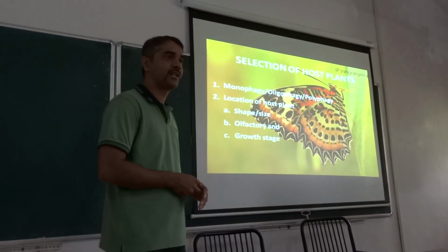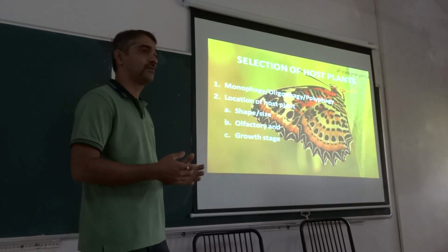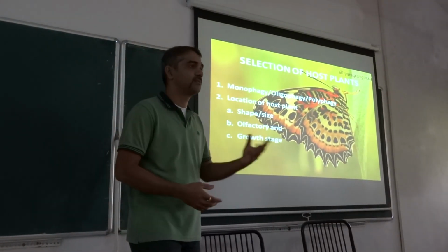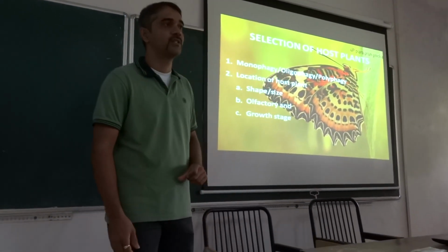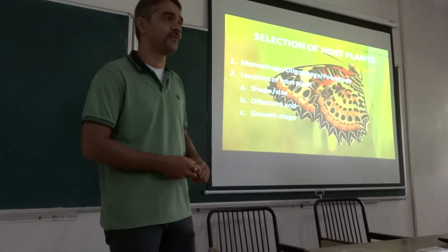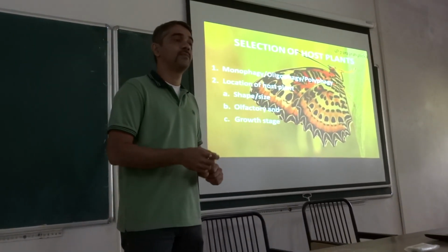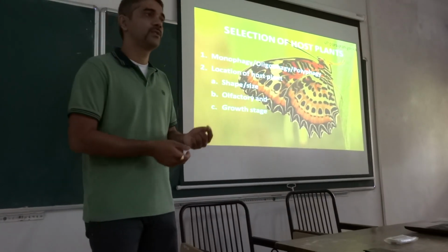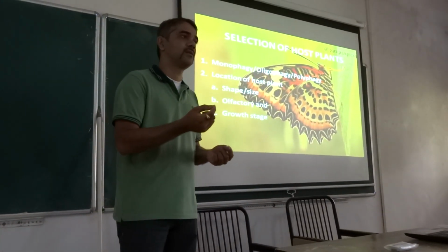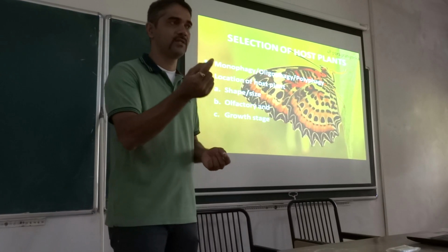When they are choosing, butterflies look at chemical cues as well as visual cues. So the first thing that they do is look at the shape and size of the leaf. Usually the first ones preferred for laying eggs are the tender leaves. This is for a simple reason: as the caterpillar emerges, it's very tiny.